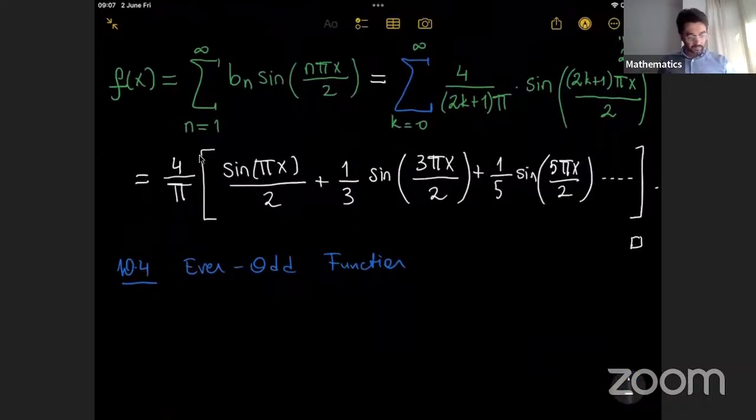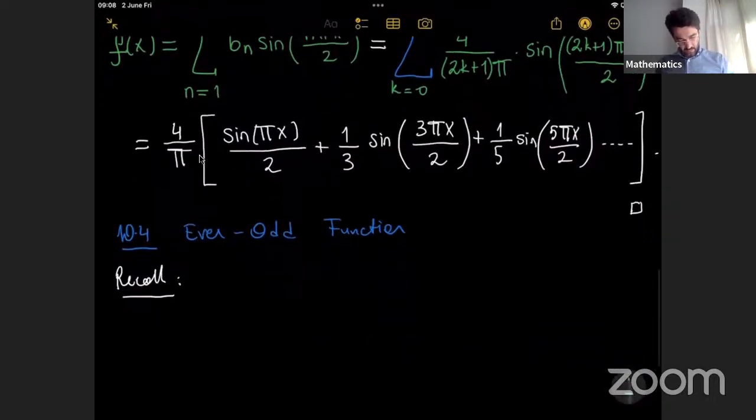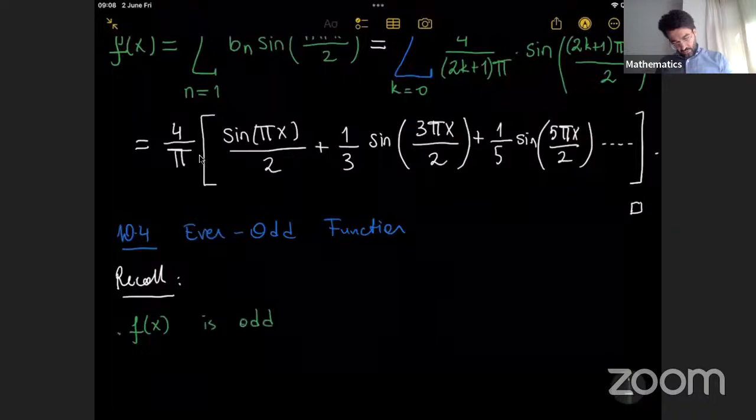Recall first odd and even functions. We say f of x is odd if f of minus x is equal to minus f of x for all x in the domain of f.